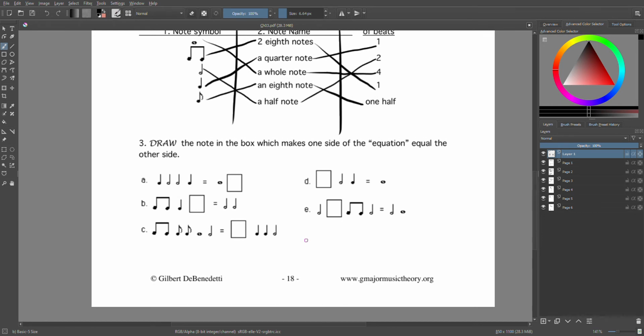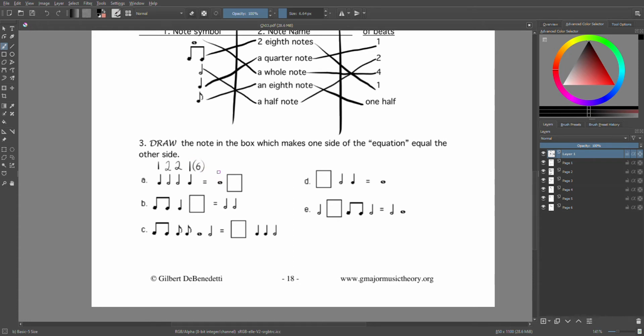Now, we're going to draw the note in the box, which makes one side of the equation equal to the other side. So, if we look right here, we have a quarter note. If you remember, a quarter note is 1 beat. A half note, that's 2. Another half note, that's another 2. Quarter note is 1. 1 plus 2 plus 2 plus 1, that's 6.